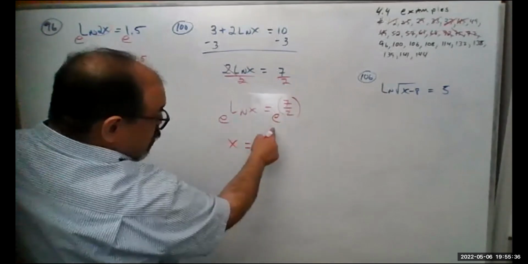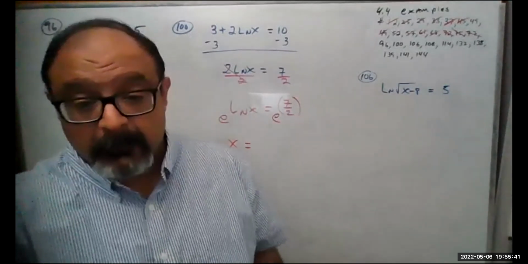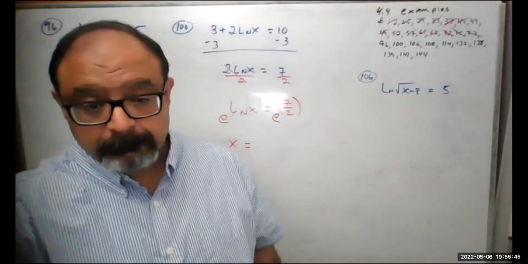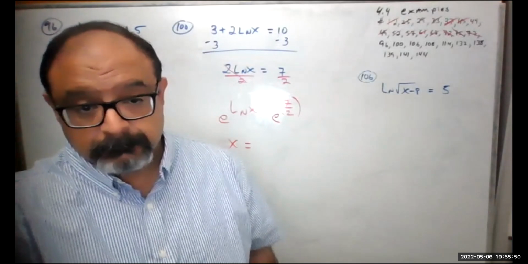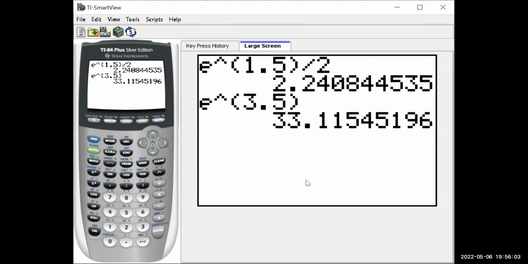And on this side, you're going to go e to the 7 over 2, or e to the 3.5. e to the 3.5, 3 decimal places, so 33.115.